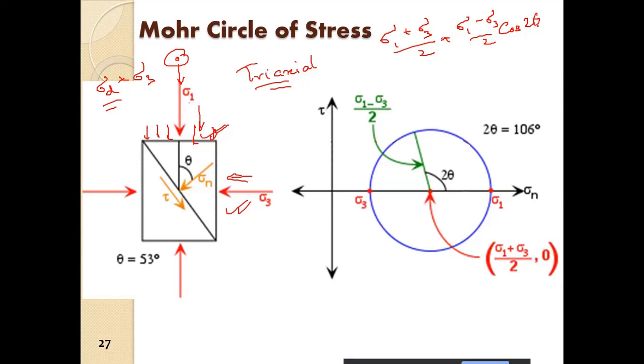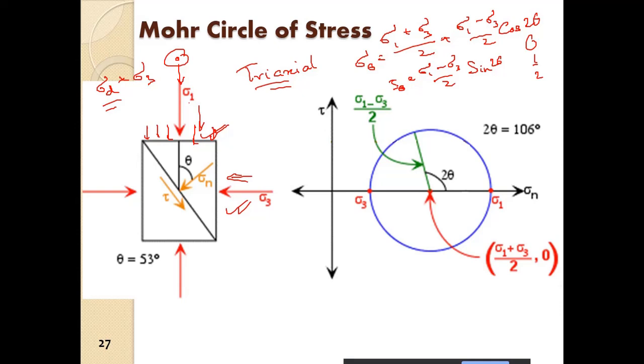If I change the values of theta, I will get sigma theta values at various thetas. Similarly, I will also get tau theta values, where tau theta is equal to sigma 1 minus sigma 3 by 2 sine of twice theta.